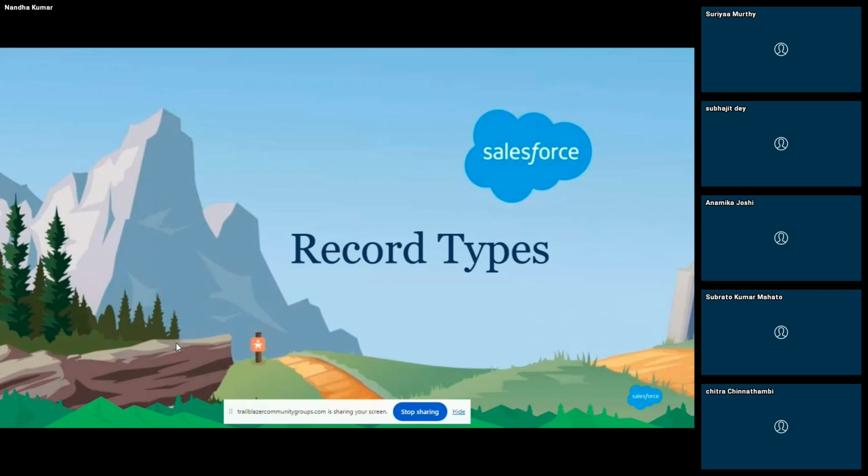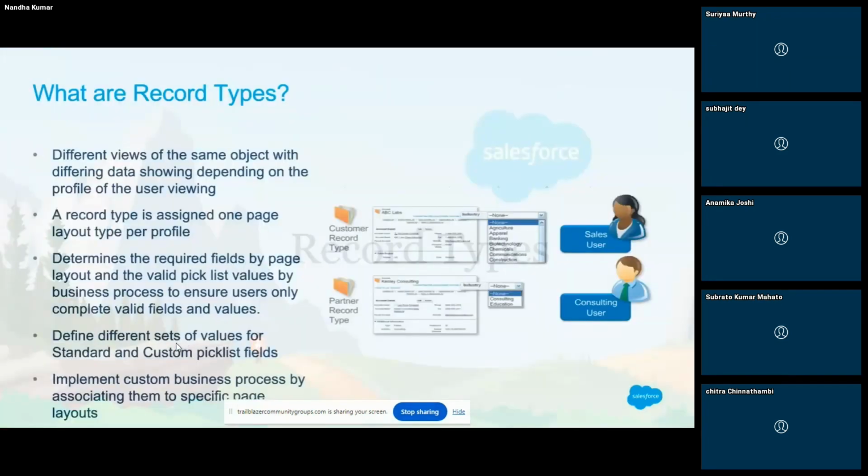So instead of creating two different objects to store the two different personal information, we'll use one object and create multiple record types, and each record type will represent a unique set of people. Okay, this is the business use case when you have to create the record type.